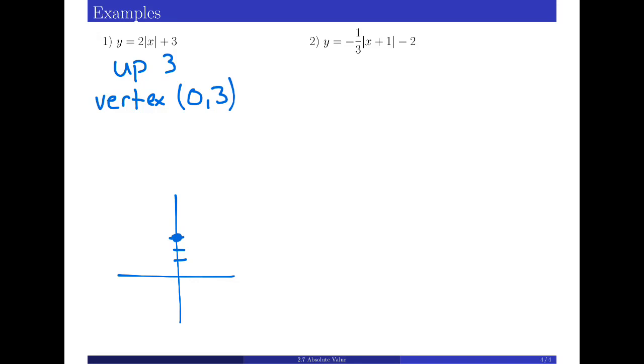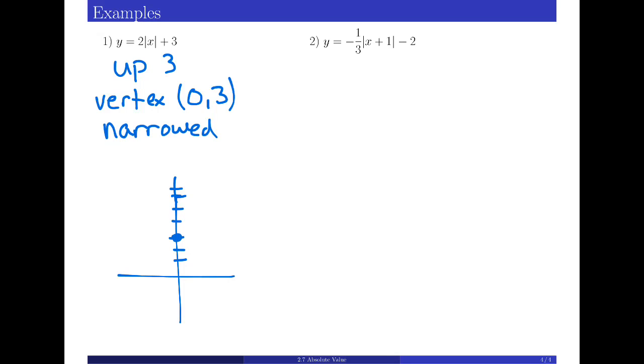And then what does this 2 do to our graph? Well, that's kind of like our slope. So that's a slope of 2 now, so it's going to go up a little bit faster. So this graph is narrowed. Right? That V is closed in a little bit. So we have our vertex plotted, and we know that it opens up, and it's basically got a slope of 2 on either side.